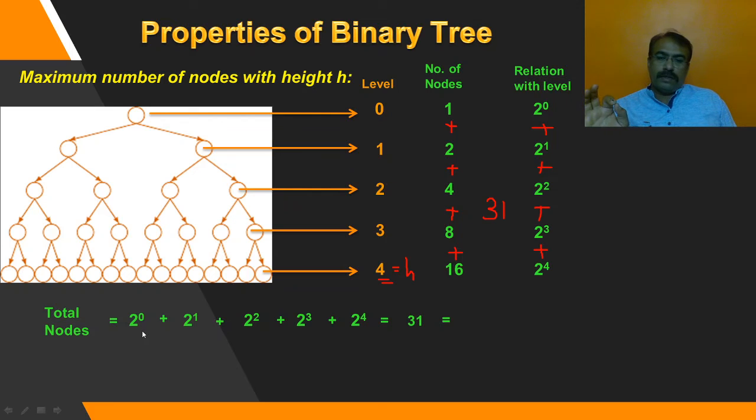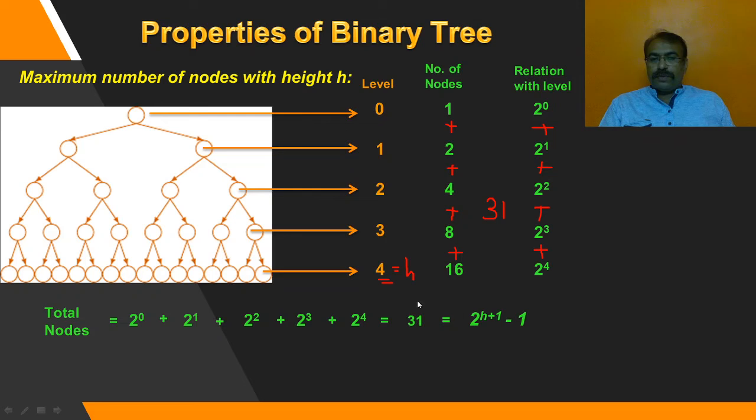This is a simple GP series, that is geometric progression series, and you have already studied how to solve that. So this geometric progression series is actually going to give 2 raised to power h plus 1 minus 1.